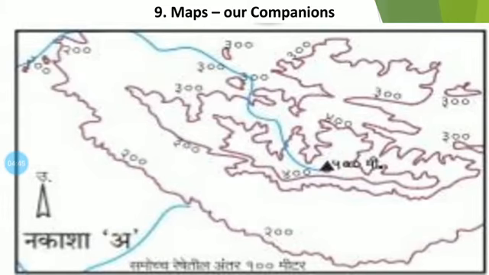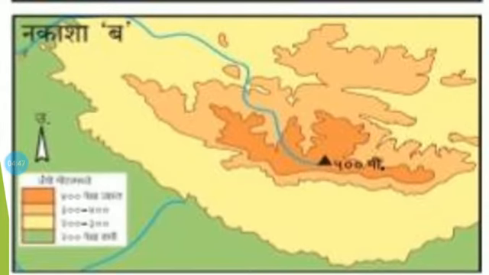Next, see the next picture. This map is the same as the previous one, but color coding is used, and with the help of this color code, the land and forest, and after that water resources like lakes and rivers, we can easily identify with the help of this map.